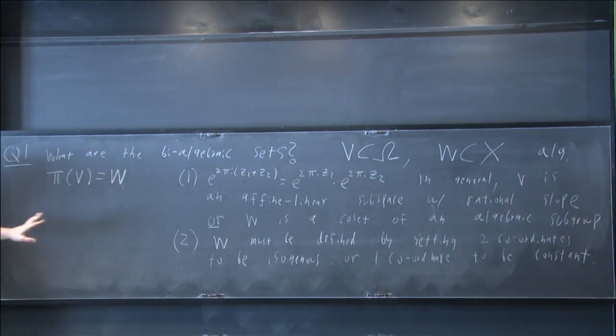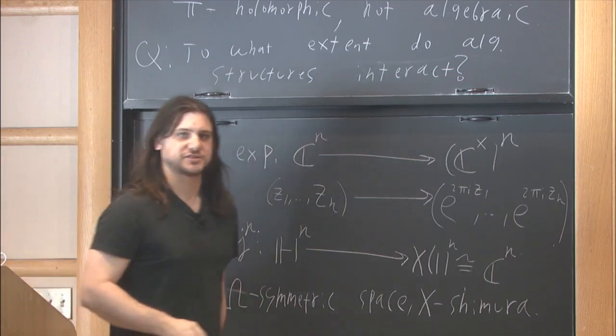And that's basically the only way it turns out you can get things algebraic in both worlds: just pick a bunch of coordinates, insist on a bunch of isogenies, and pick some other coordinates and make them constant. There's nothing else you can do.